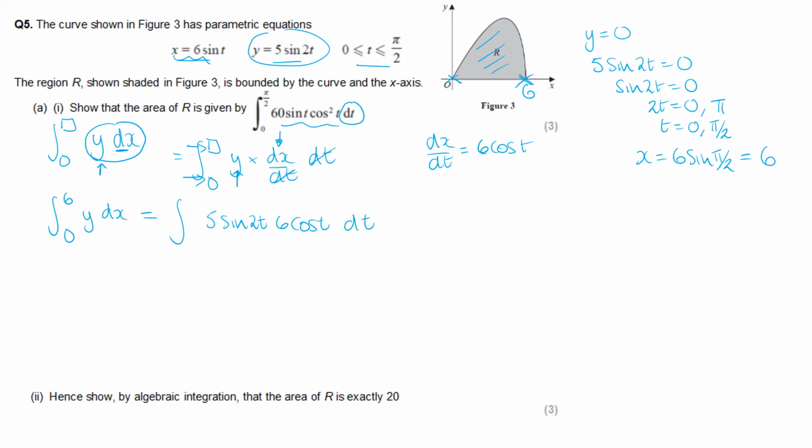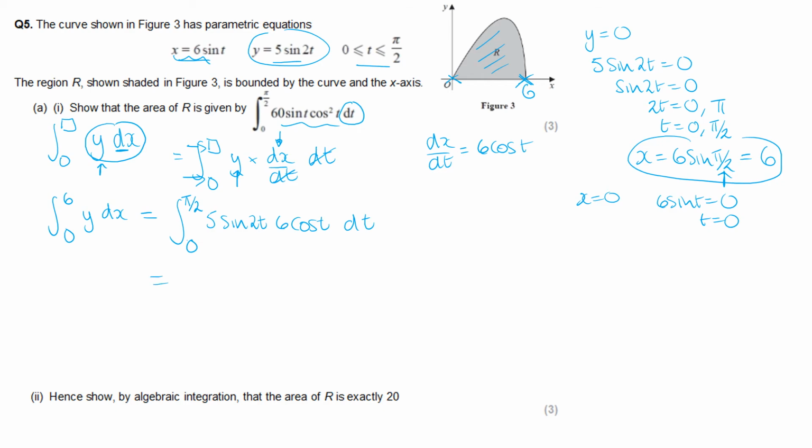And now all we need to do is get in our limits. So when x is 0, t is going to be 0. So when x is equal to 0, 6 sine t is equal to 0, so t is equal to 0. And when x is equal to 6, well, we've already done that. We know that the t was pi by 2.